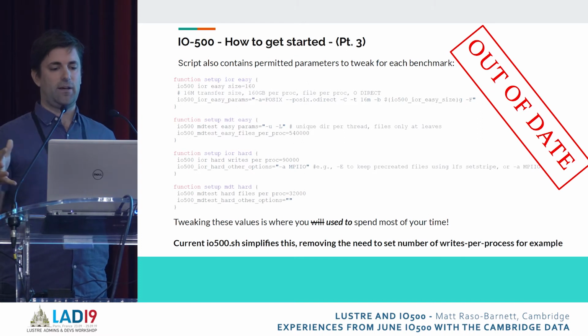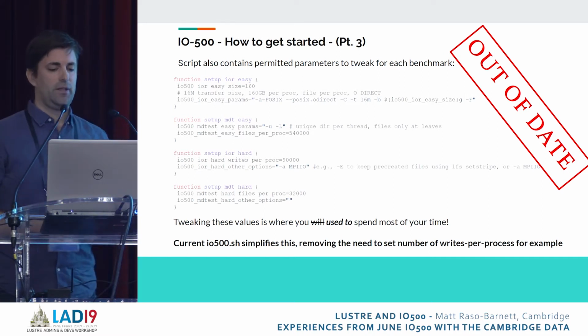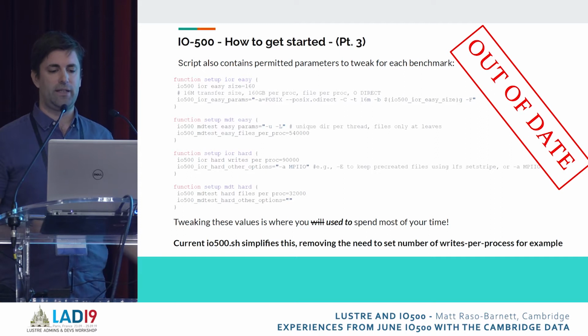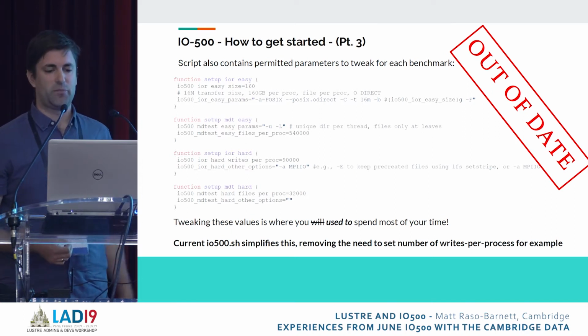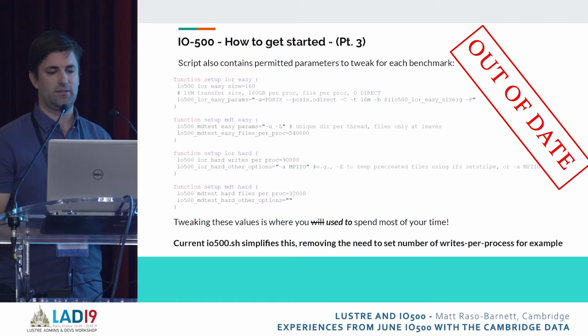So that's the size of the file per process that you're going to be creating, or the number of writes per process. So the very latest script has removed the need to do that. They've set themselves very large values, and they're relying on the stonewalling within these IOR and MD test to exit the process after the amount of time specified, like 300 seconds.